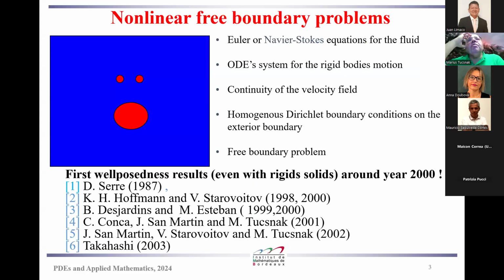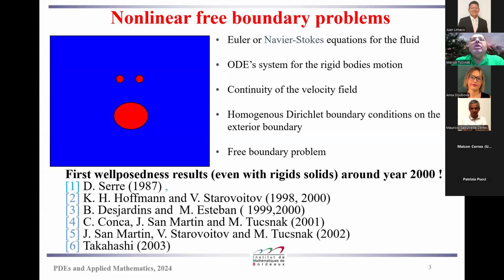What's interesting for these problems? I would say that the main thing is that they involve a free boundary. More precisely, you have a fluid, which let's say occupies the blue domain in this picture, and which is described, for instance, by the Euler equations of an ideal fluid or the Navier-Stokes equation of a viscous one.